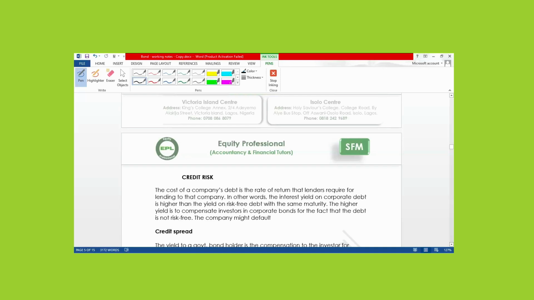Credit risk is the risk that the investor may not realize the return as promised by the issuer, the borrower.